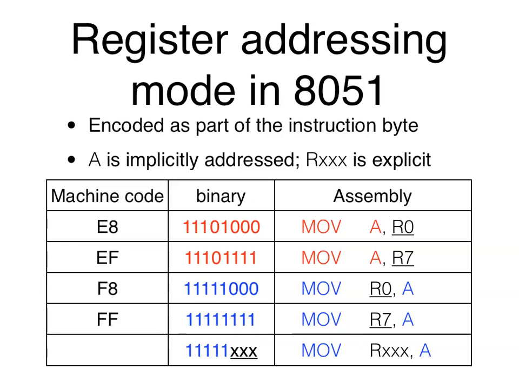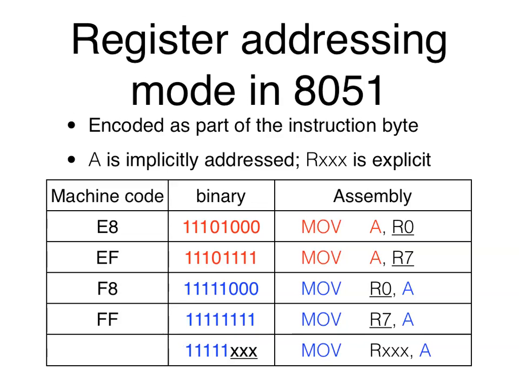So now, how would that work? If you have move A comma R0, that actually gets translated to just a byte, and that byte looks like this, right? 1110 1000. And then if you move A comma R7, what do you get? Well, it's 1110 1111. So you say, aha, I know how this works. The move A comma some register is represented by the first 5 bits, right?